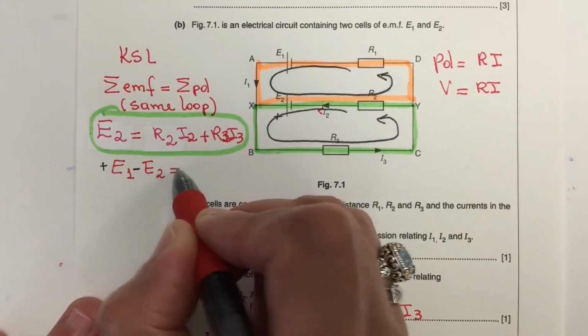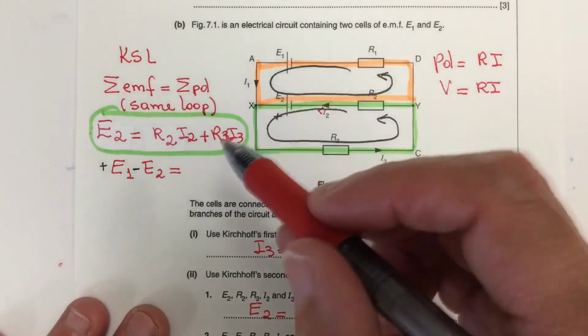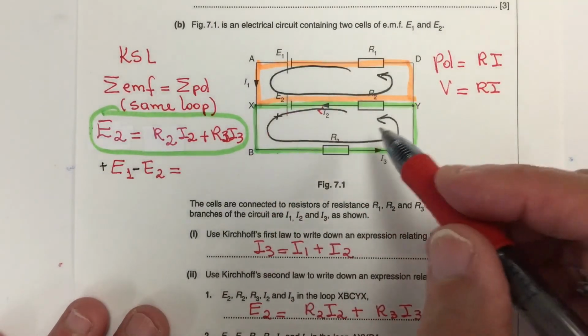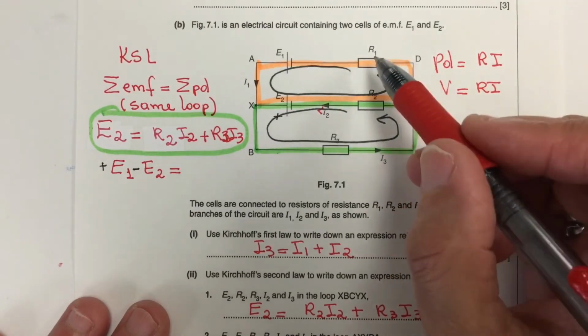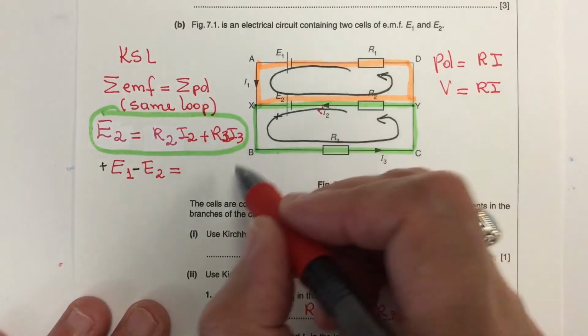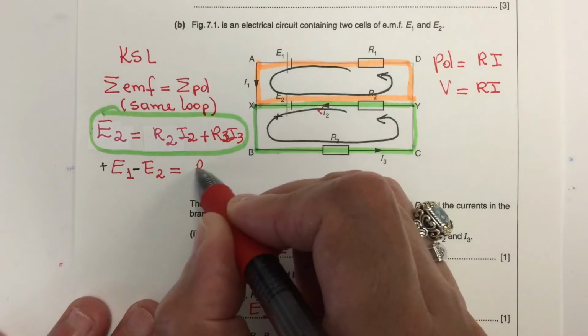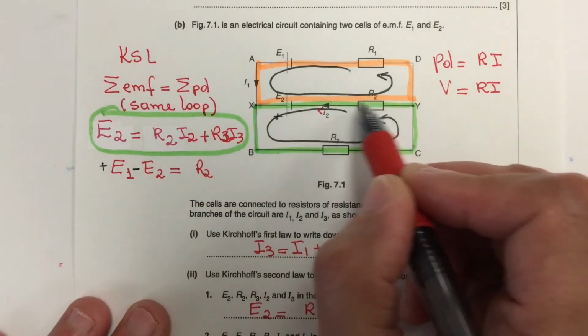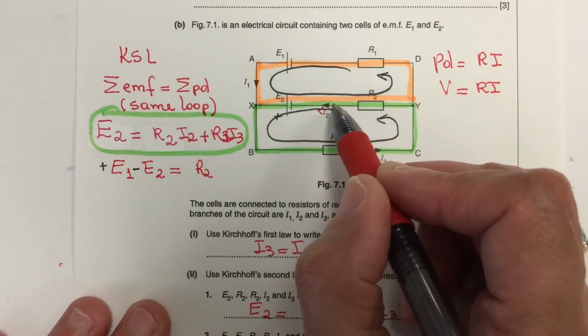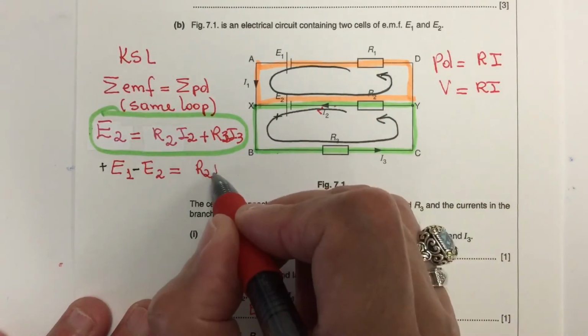Now let's look at the PD signs, the PD side of the equation. So I have here my R2 and my R1. I'm going to go ahead and write down R2, the current is I2 right here, I2 R2.